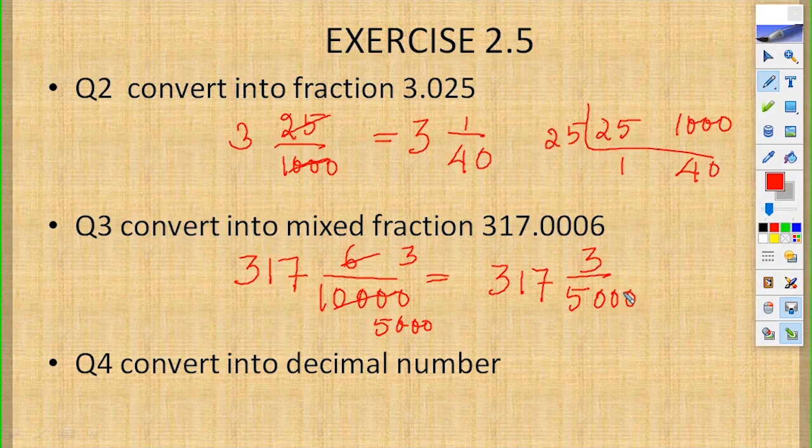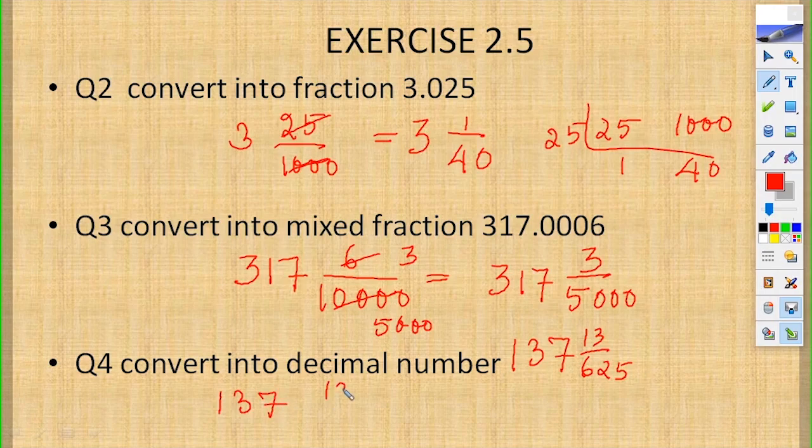Okay. Now convert into decimal. I have not written the question here. It is 137 and 13 by 625. Again, I will not take the integral part. Integral part 137, let it be there.